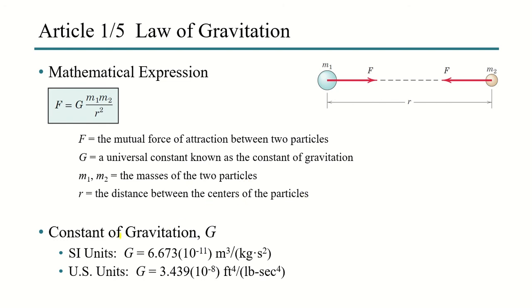Then we have the constant of gravitation, G. For SI units, G is equal to 6.673 times 10 to the minus 11, with units of cubic meter per kilogram second squared. For US units, G is equal to 3.439 times 10 to the minus 8 feet to the fourth power per pound second to the fourth power.